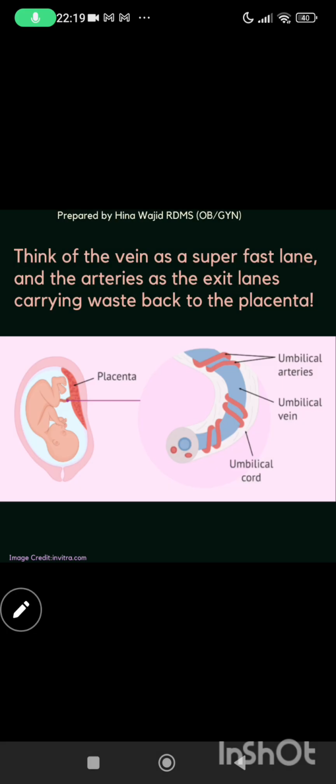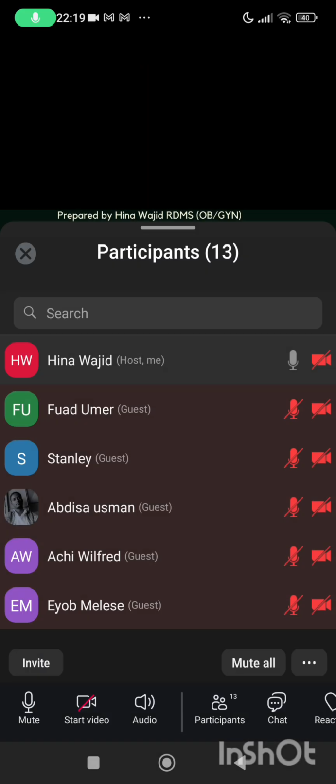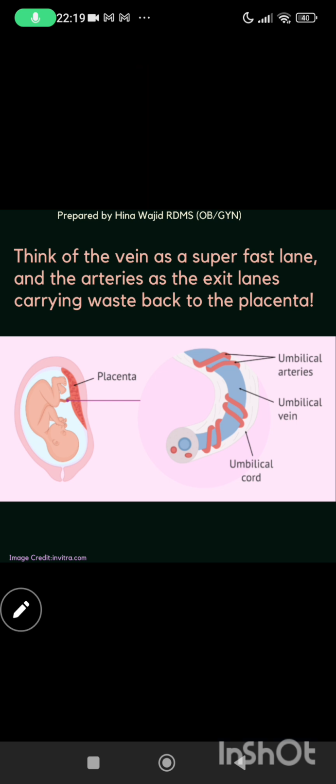So the vein carries blood supply toward the fetus, that is oxygenated blood, and the arteries carry the deoxygenated blood toward the placenta. So arteries are like the exit route and the vein is like the entry route toward the fetus.